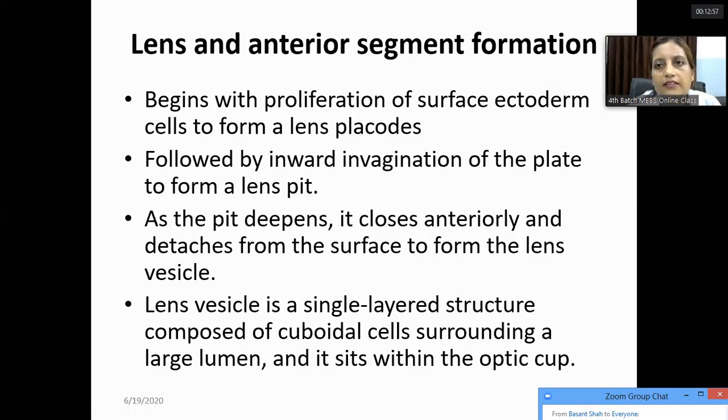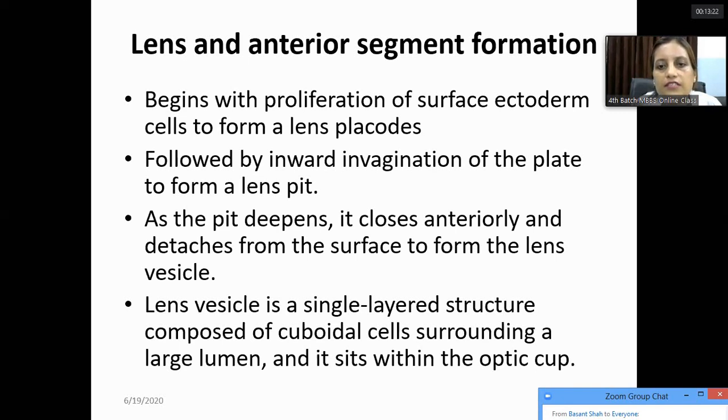So, lens and anterior segment formation. It begins with the proliferation of the surface ectoderm cells to form a lens placode. We have seen the thickened area of the surface ectoderm is the lens placode, followed by inward invagination of the plate to form a lens pit. As the pit deepens, it closes anteriorly and detaches from the surface to form a lens vesicle.